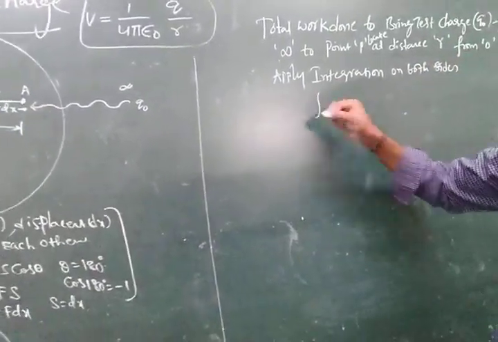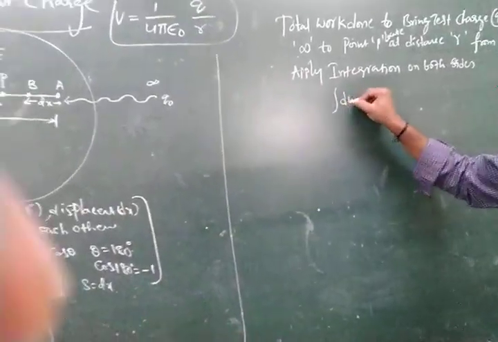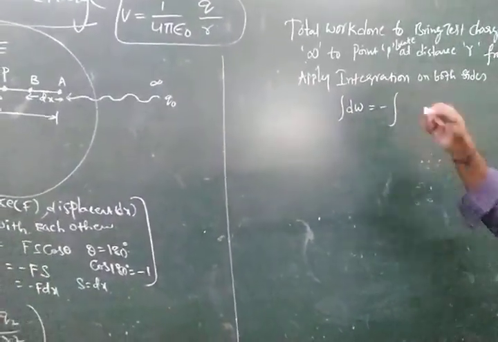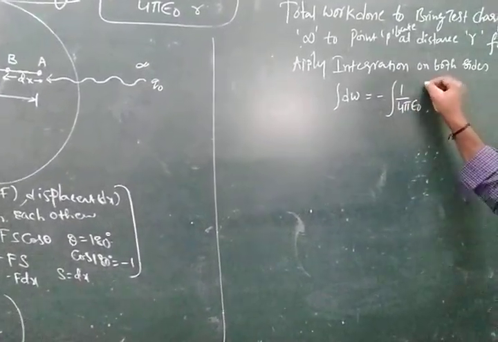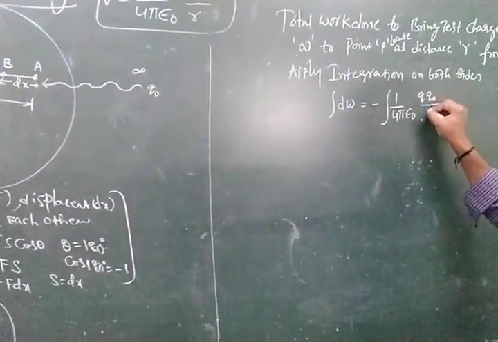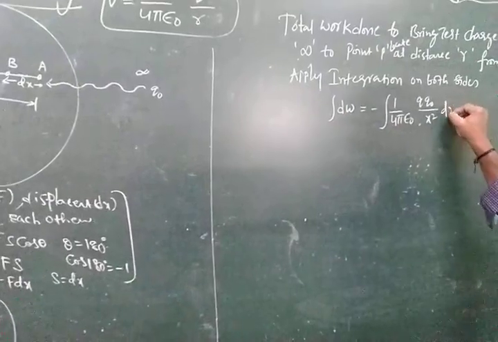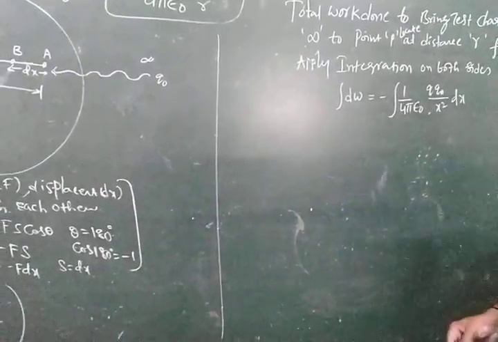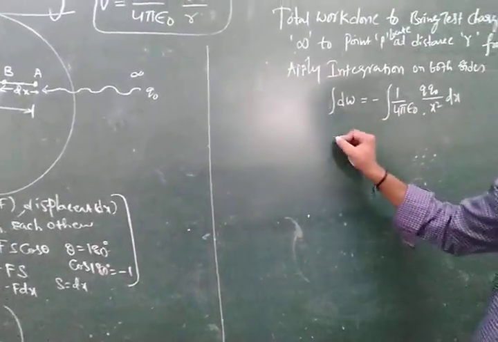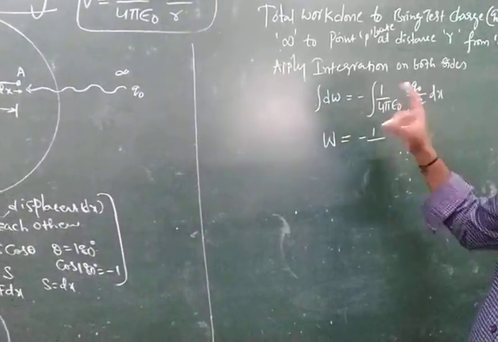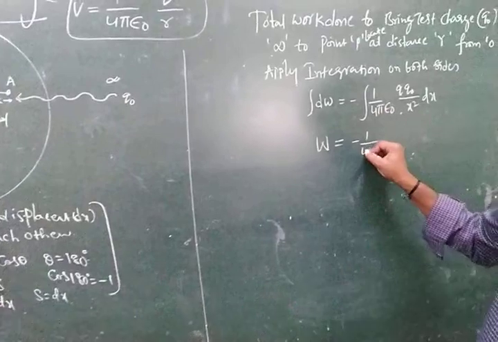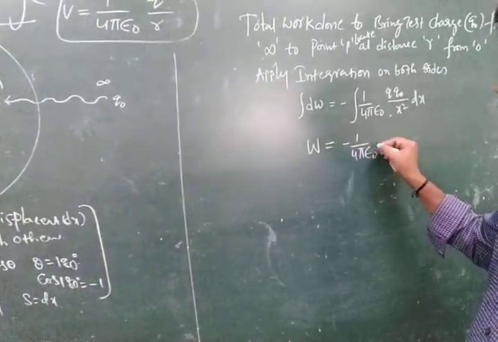Therefore, the integration of dW is equal to minus the integration of 1 by 4 pi epsilon naught Q Q naught by x square into dx. Right? So the integration of dW is nothing but W, equal to minus 1 by 4 pi epsilon naught, which is a constant, taken outside of the integration.